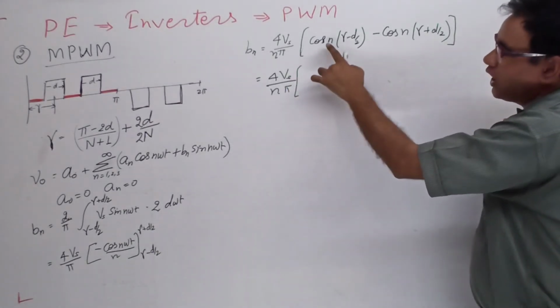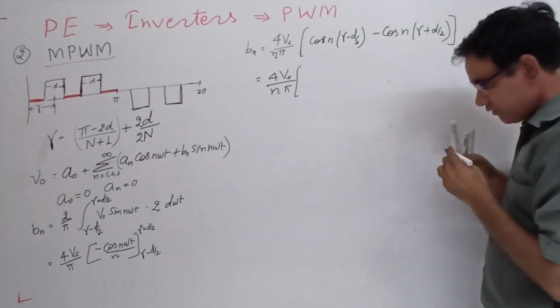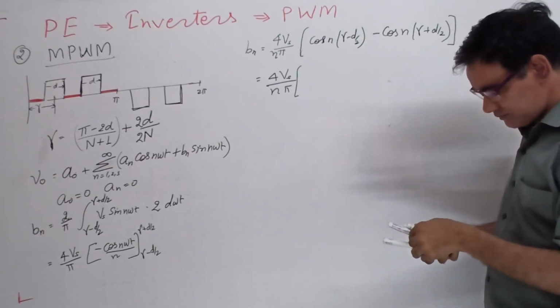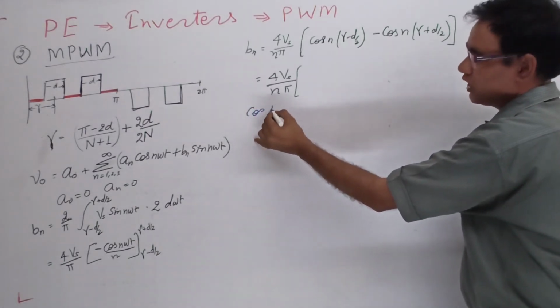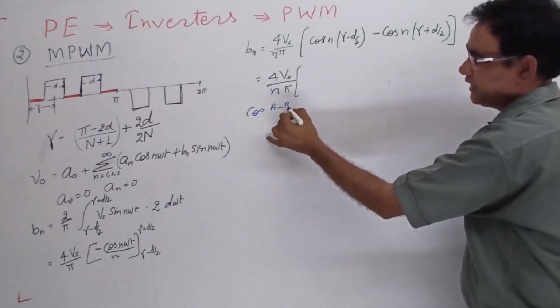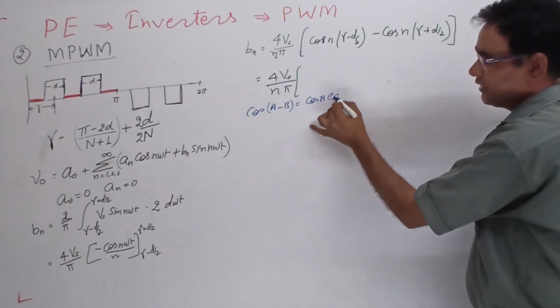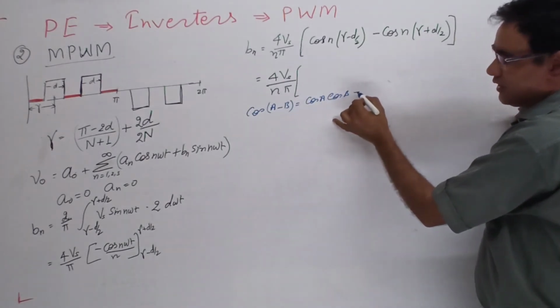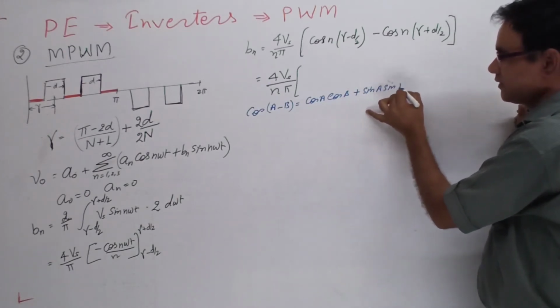We know the formula cos of A minus B, that is cos A cos B plus sin A sin B.